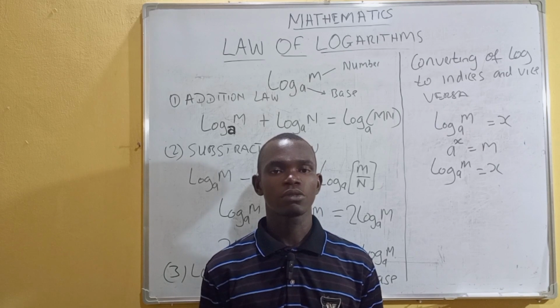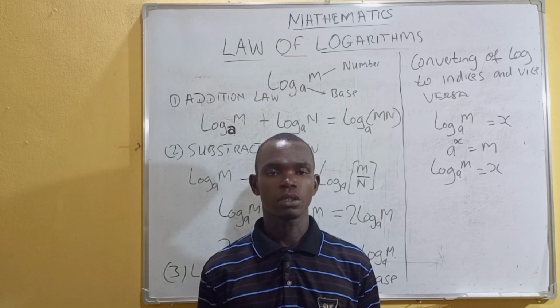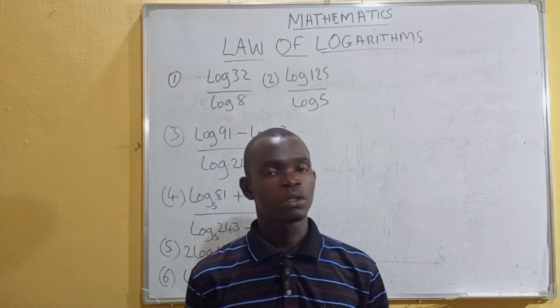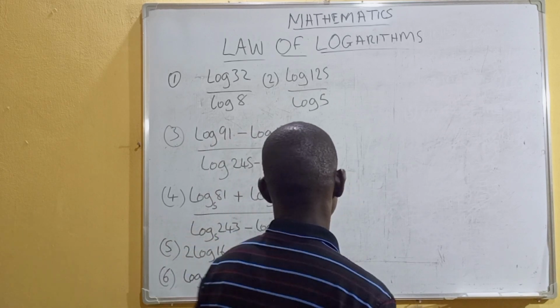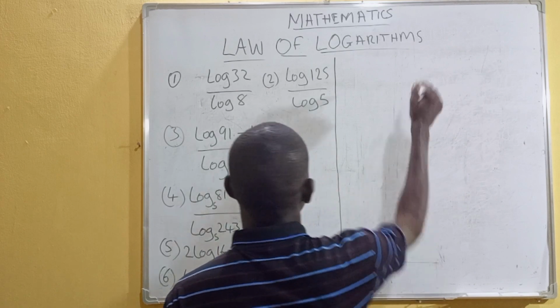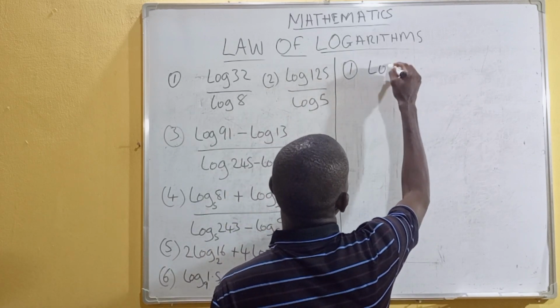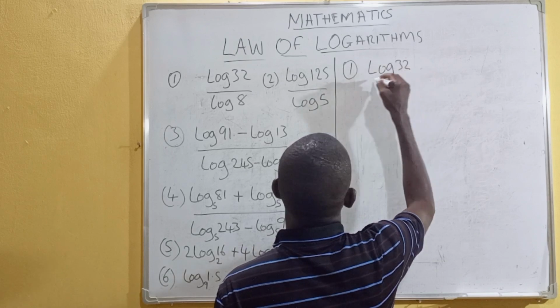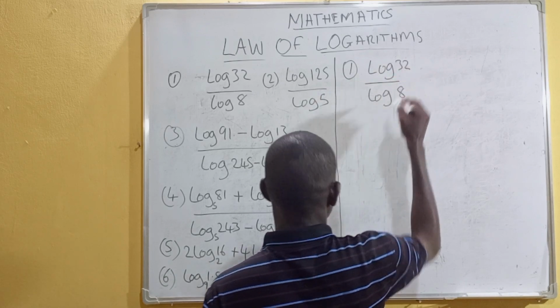So let's solve some questions or problems using the laws of logarithm. Question 1. We have log 32 over log 8.